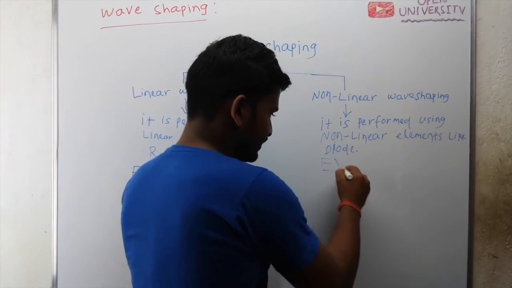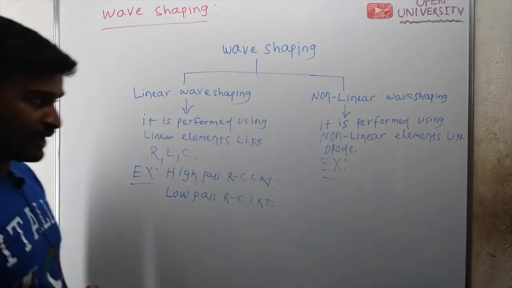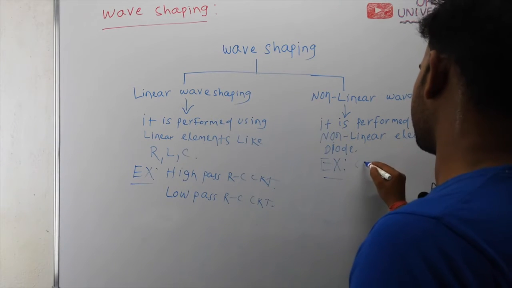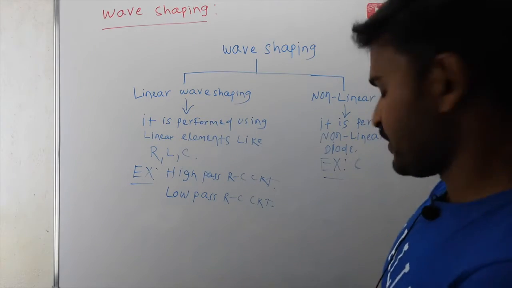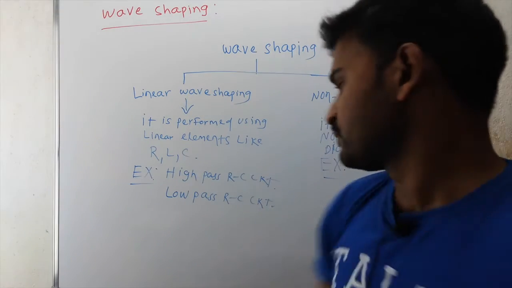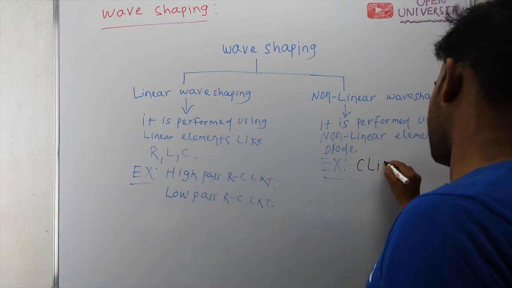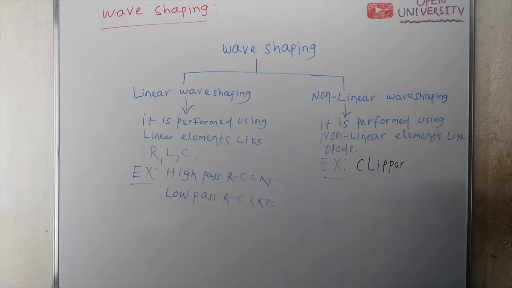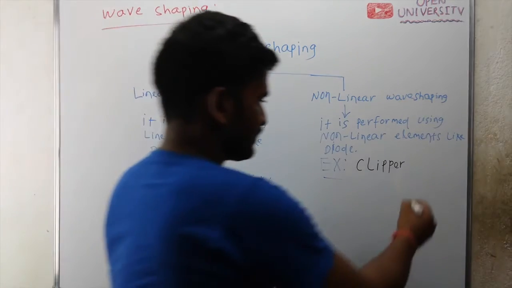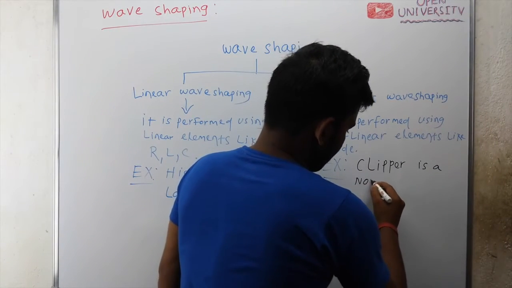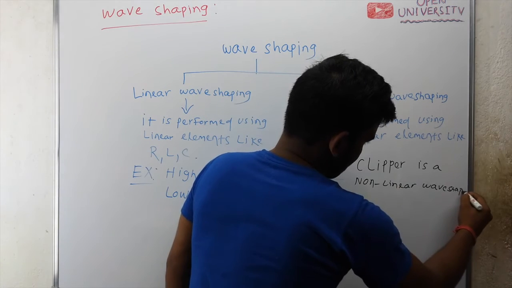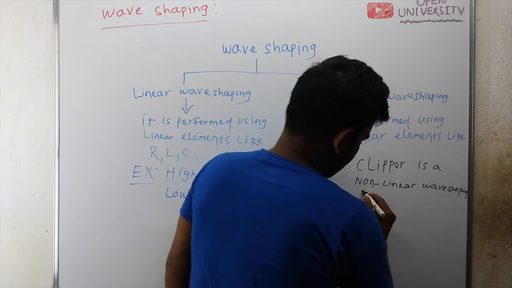Under non-linear wave shaping circuits, you can give the example of a clipper. The clipper is an example of a non-linear wave shaping circuit.